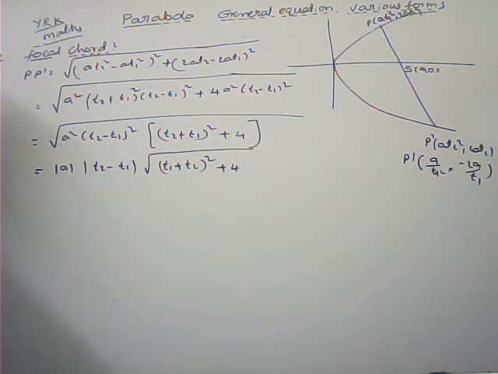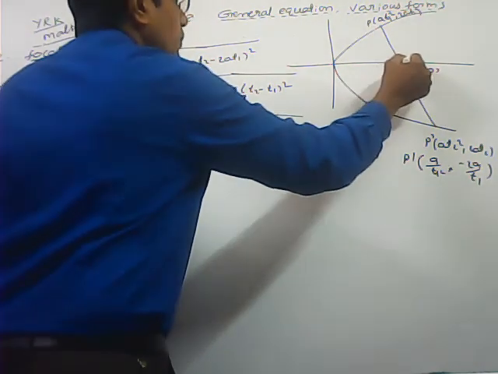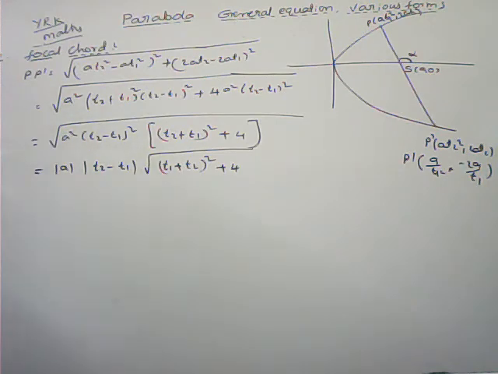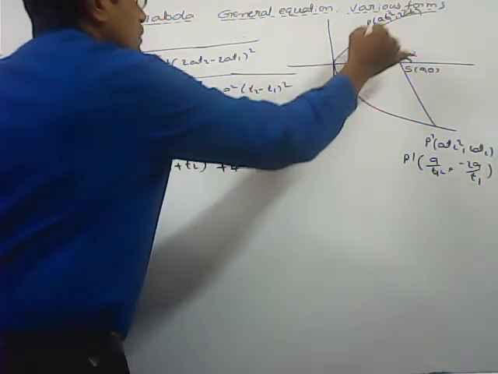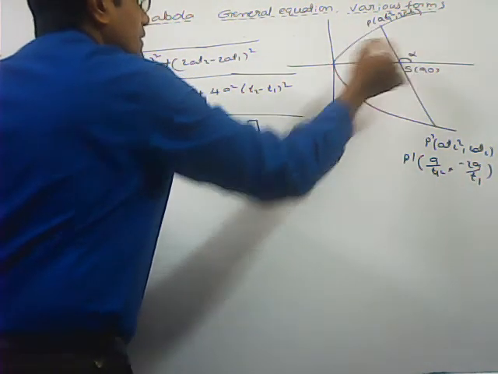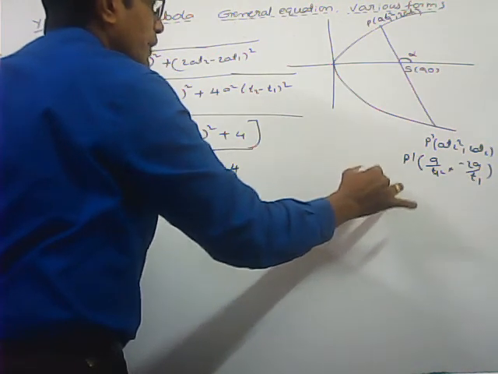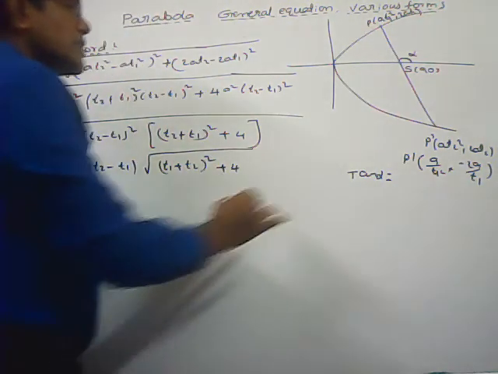Now one more thing also there. If the focal chord makes an angle alpha with the positive direction of x-axis, then what about the length of the focal chord? Here this one we say inclination. If the inclination is given, what about the slope? Tan alpha. That is the slope only.